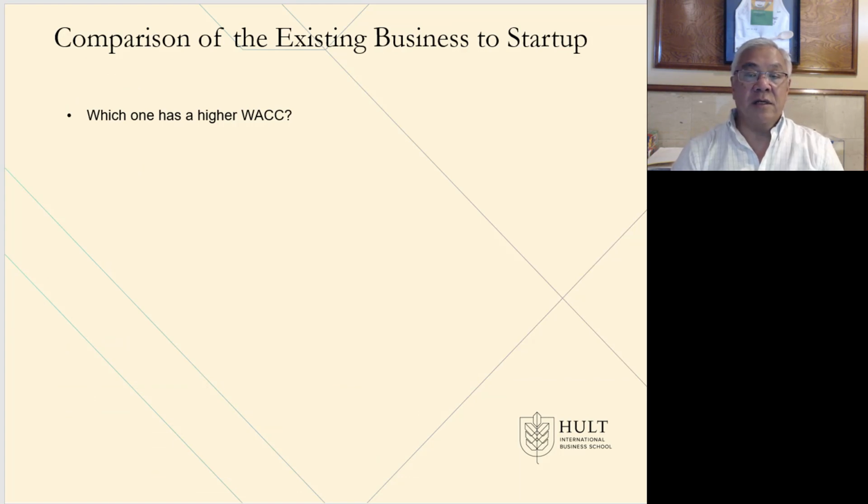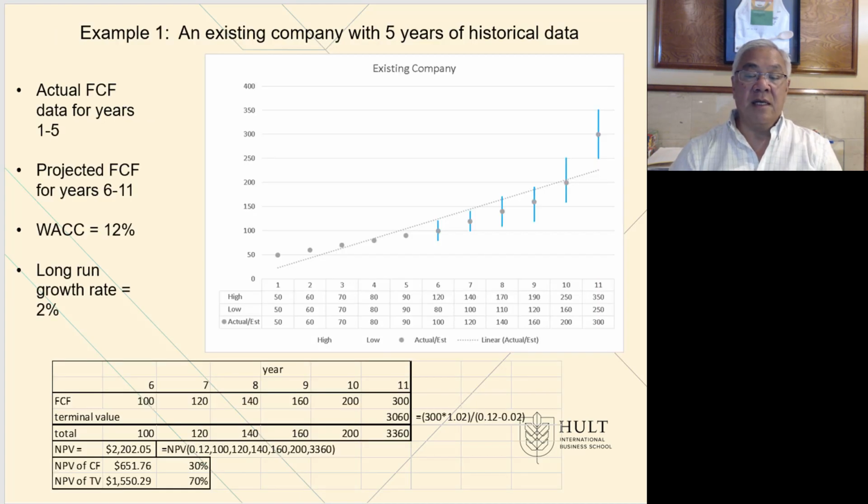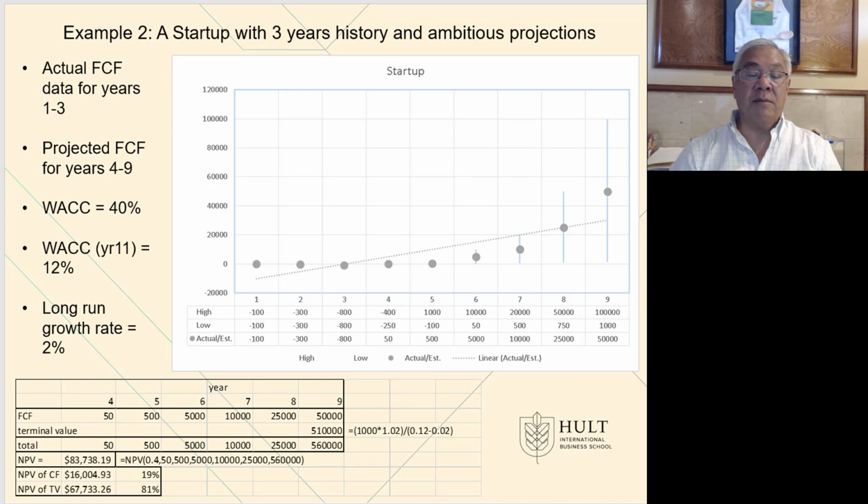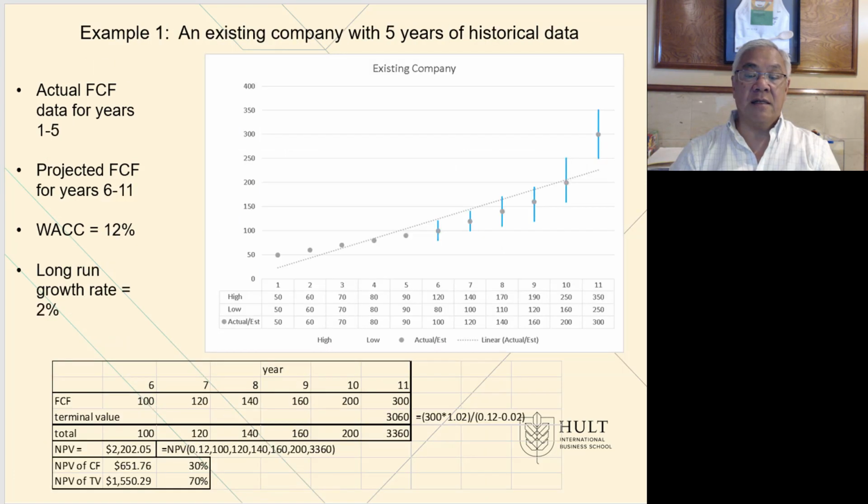So let's do a little bit closer inspection of the two investment alternatives, let's say, of the existing business and a startup. First, which one has a higher weighted average cost of capital? The existing one had 12%, and the startup has 40%, dropping to 12%. So that is an indication that the existing company is lower risk.